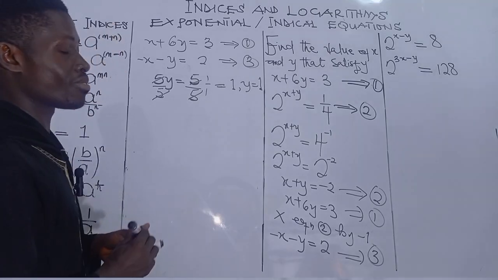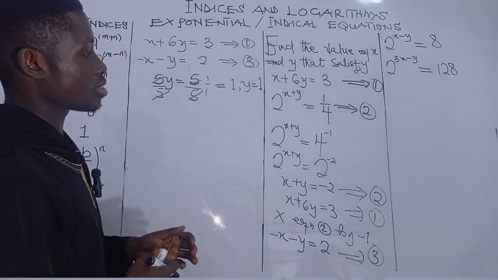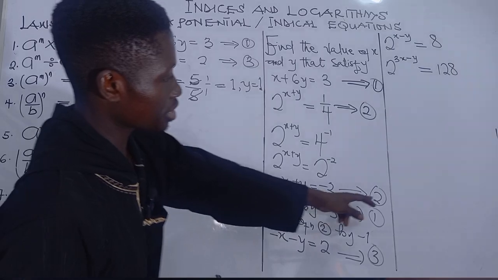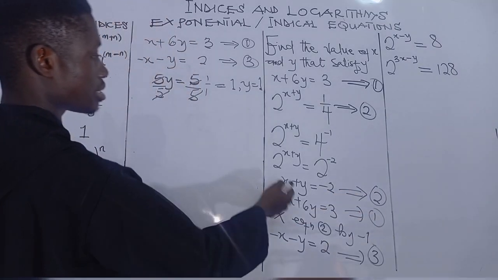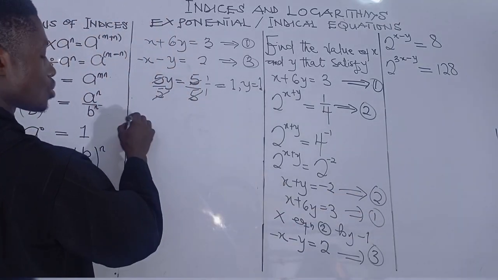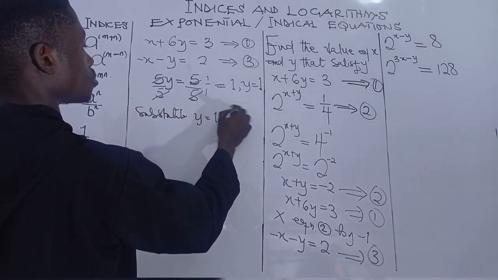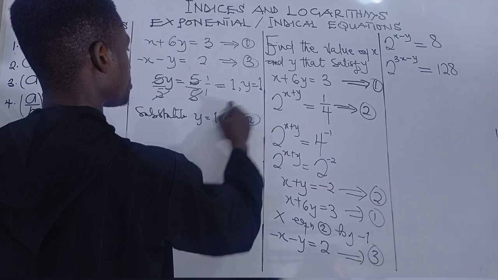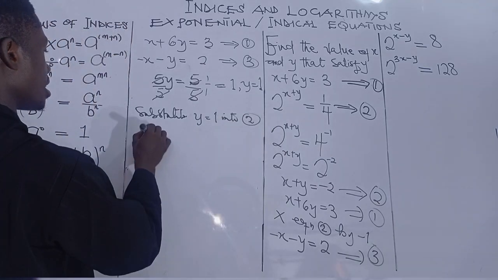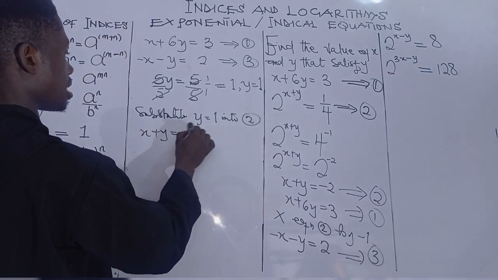Now that we have one of the values, we can substitute it into any of these equations, equation 2 or equation 1. So let's substitute it in equation 2. So we have x plus y is equal to negative 2.